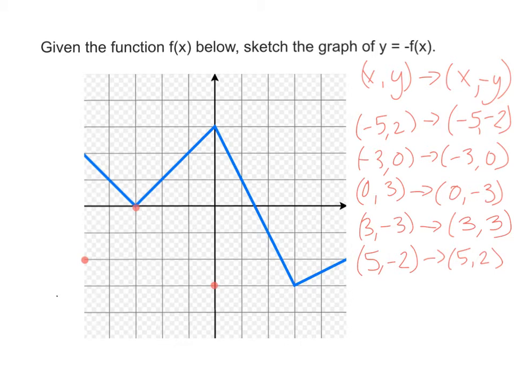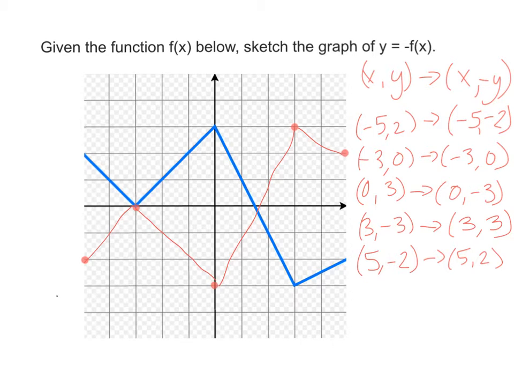And then 3, 3, and 5, 2. I've plotted all those points, and then because the original points went left to right, I'm going to join them from left to right. Sorry, it's hard to draw straight lines on here, and a ruler just doesn't work. But that's what it should look like. So the whole thing is reflected.